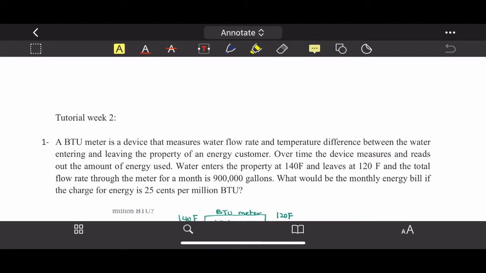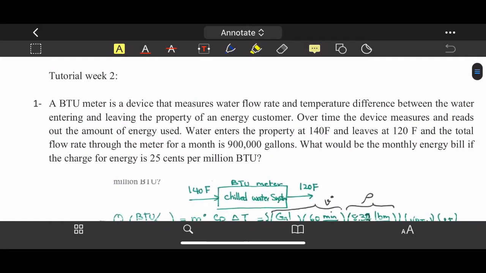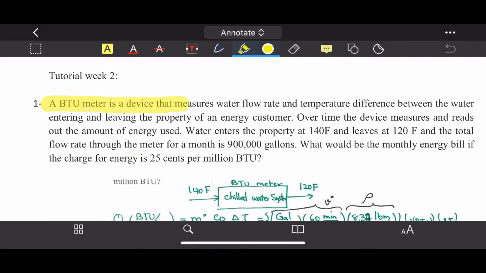Okay, question 1 that we are looking at now, let's read them together. A BTU meter is a device that measures water flow rate and temperature difference between the water entering and leaving the property of an energy customer. Now, there are a few words here that might be very confusing. This is a BTU meter.